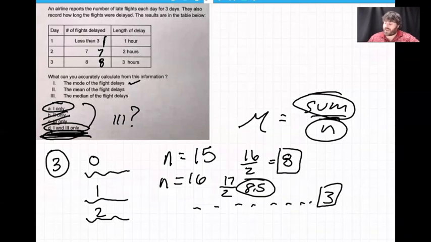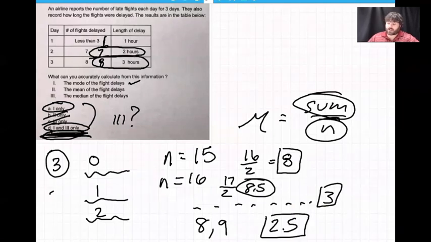So the average of 8 and 9. Well, the 8th number is actually going to be a 2-hour flight. That's the 8th number, because I had 1 that was a 1 hour, and then 7. That means the 8th number was a 2-hour, and the 9th number was a 3-hour. So the average of 2 and 3 is 2.5. So under this condition, now I've got a 2.5-hour median.